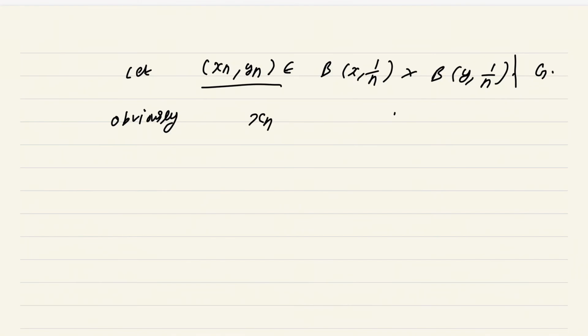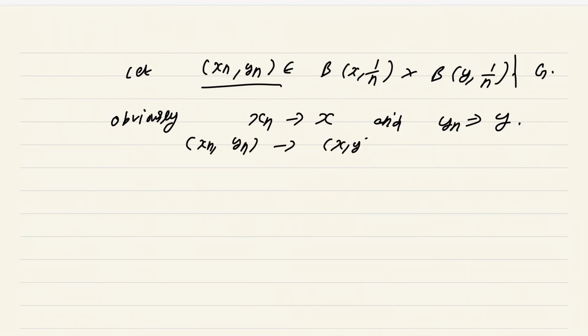Well, obviously x_n converges to x and y_n converges to y. That's exactly the way the sequence has been constructed. Okay, now our hypothesis says (x_n, y_n) must converge to (x, y), right? Whenever you have components converging, then the product sequence must also converge.